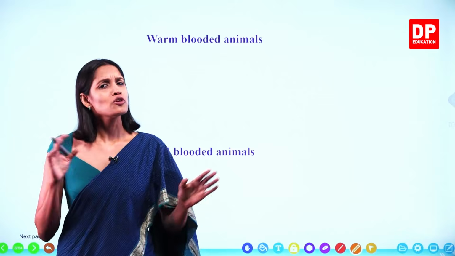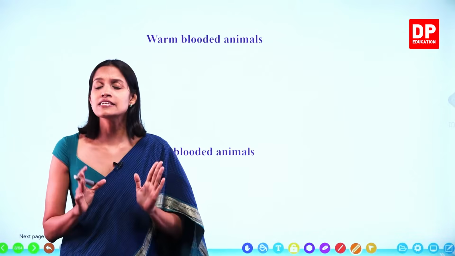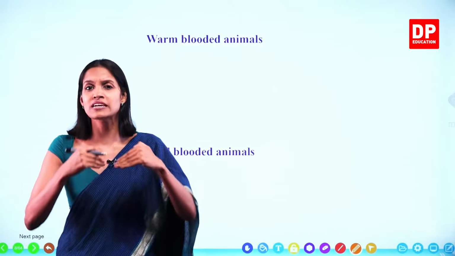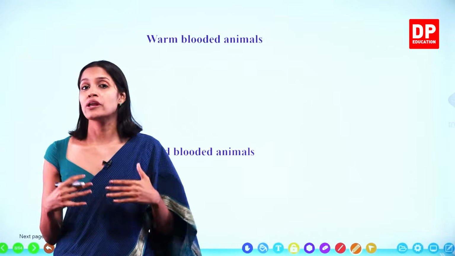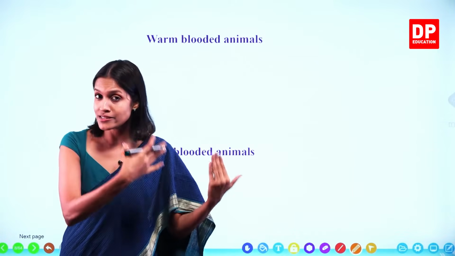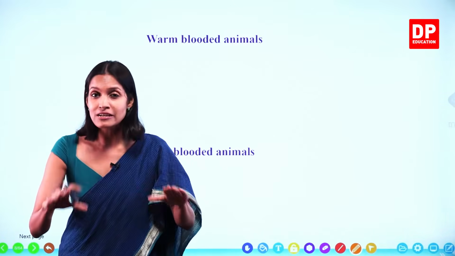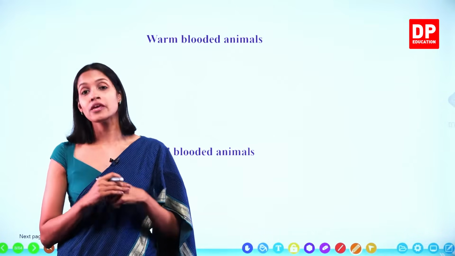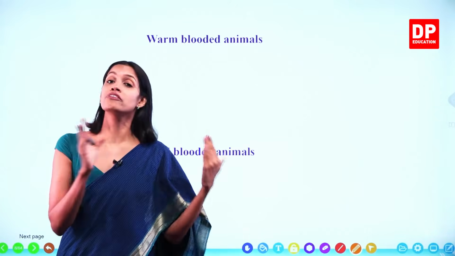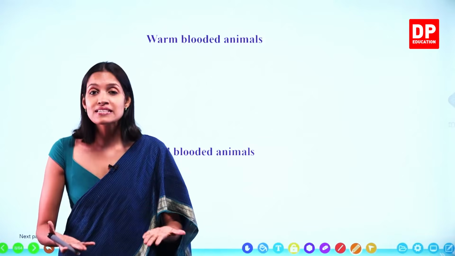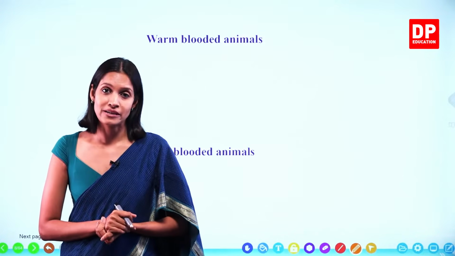Right, children? By these two incidents, it's very clear that we can control our body temperature at the same level. When we go to an environment with high temperature, we start sweating and we reduce the increased body temperature. And when we go to a very cold place, we start shivering and we increase the reduced body temperature.